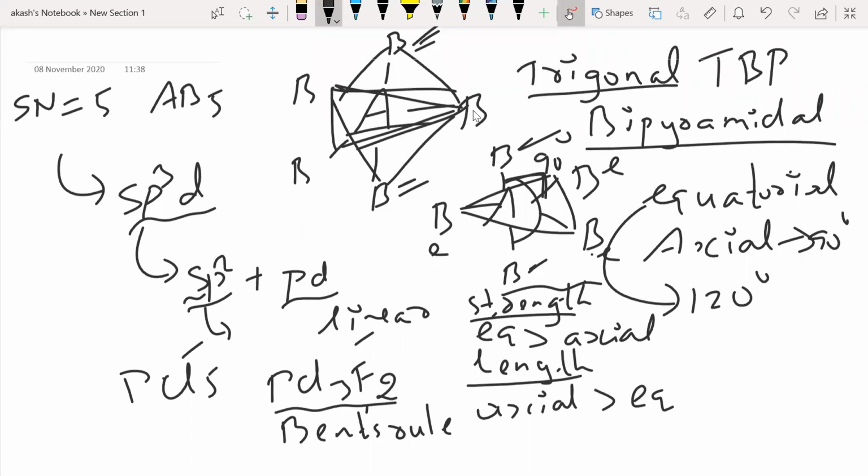Right? I think the statement is self-explanatory. So if we have two different elements like chlorine and fluorine, the one which is more electronegative should be put in the axial position. That's what it says, right?